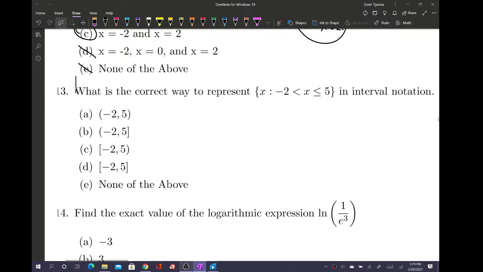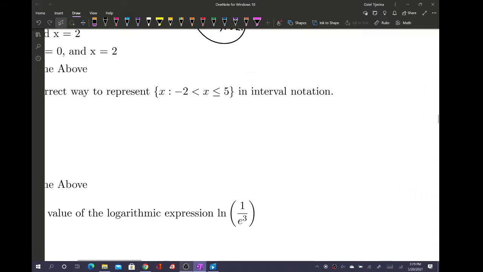All right, number 13. What is the correct way to represent x such that -2 is less than x is less than or equal to 5 in interval notation? Remember that if we have an interval of the form a is less than x is less than or equal to b, this implies that we have a, and because it's less than, we use a parenthesis, then a comma, then our b value.